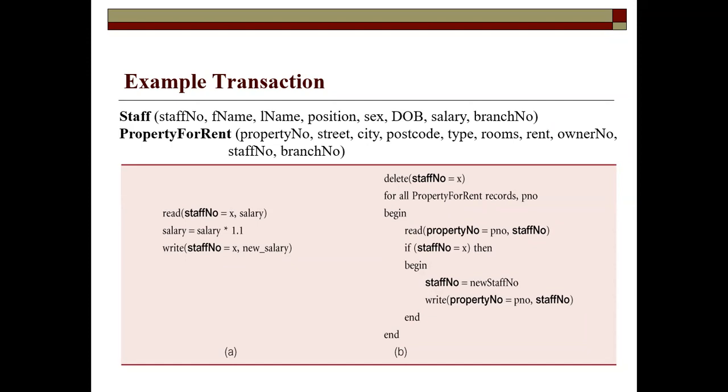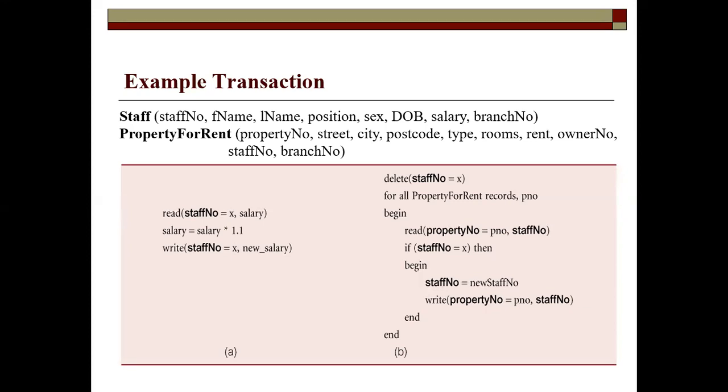And this involves 3 steps. 1, reading what the current salary is for a given staff, in this case, X. And once we find out your salary as staff member X, we would like to increase it by 1.1 and thereafter update your salary with a new value that we have come up with. So that is one transaction.